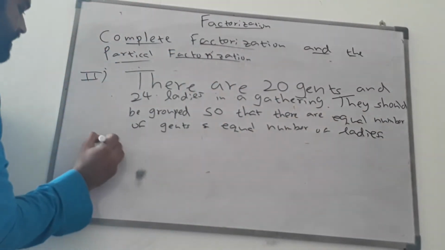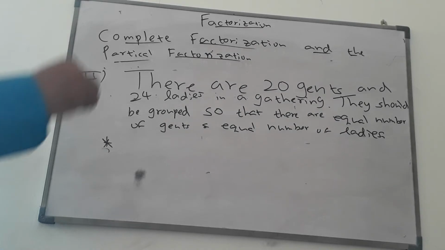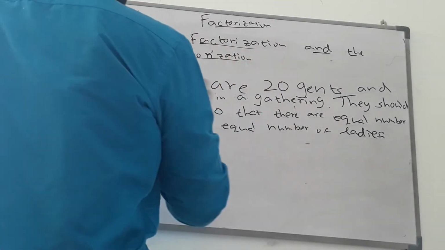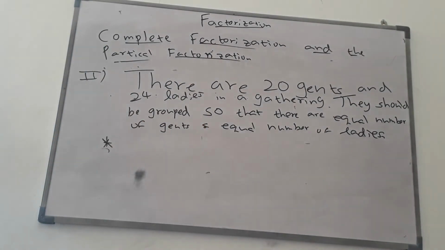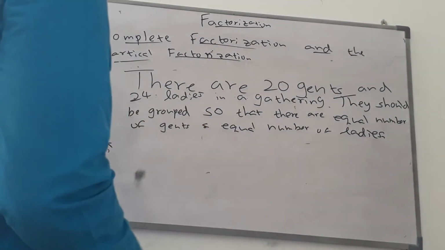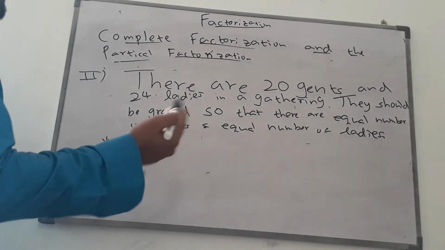Okay, first part it is said, find the most number of groups or maximum number of groups where we can divide both these, 20 gents and 24 ladies, into the maximum number of groups.